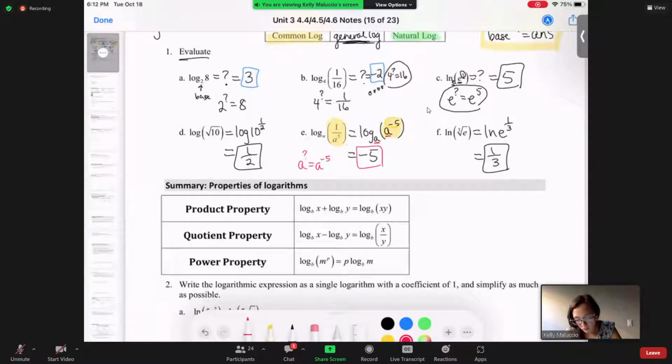So this whole expression is just -5. And then F, I did the same thing. The cube root, this right here, is the same thing as this right here. Cube root of e is e to the 1/3. And because I have the same base, this is like saying e to my answer equals cube root of e, or e to the 1/3.